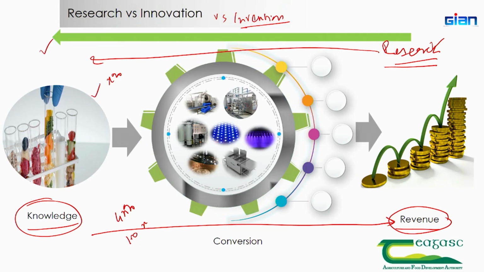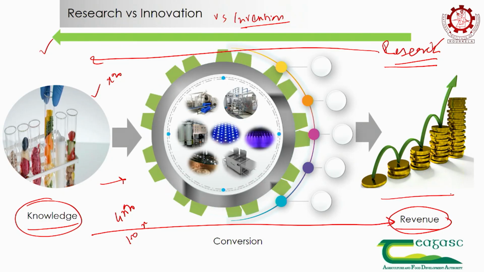That is one side, and when you use the very same knowledge to create revenue, that means you got the knowledge, you made a system and you start a new business, that is a startup. That will be innovation. Is it clear? That is pretty much straightforward.